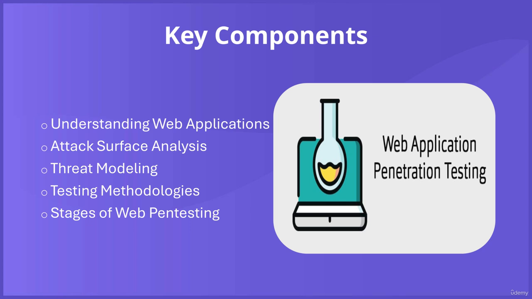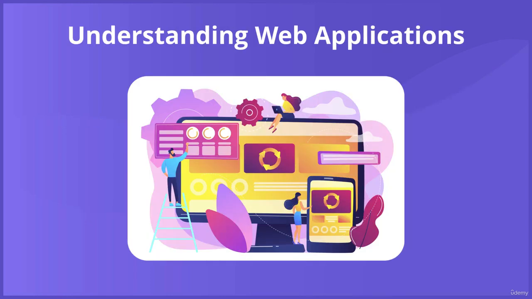All right, so now let's have a look at the key components of web pen testing, which are understanding web applications, attack surface analysis, threat modeling, testing methodologies, and stages of web pen testing. So now let's have a look at each of these one at a time. First up, understanding web applications.